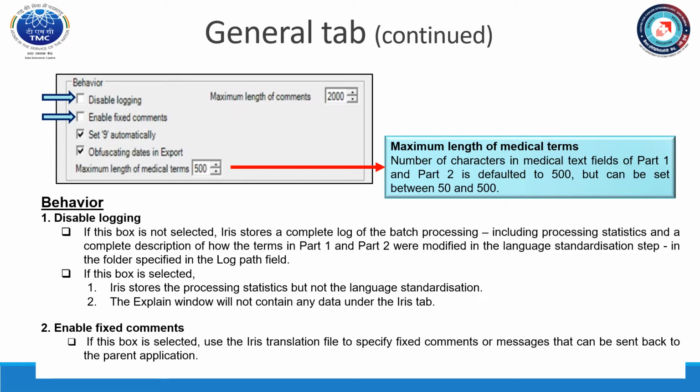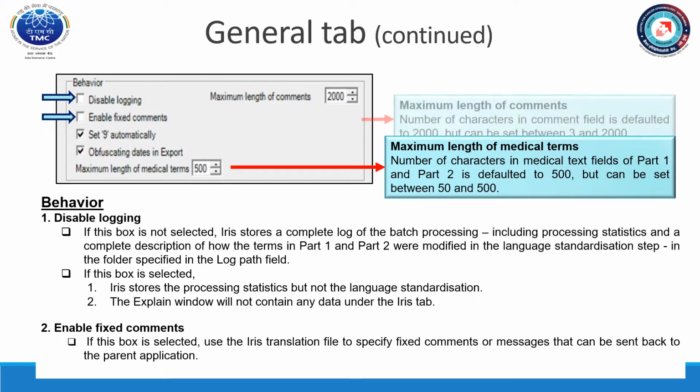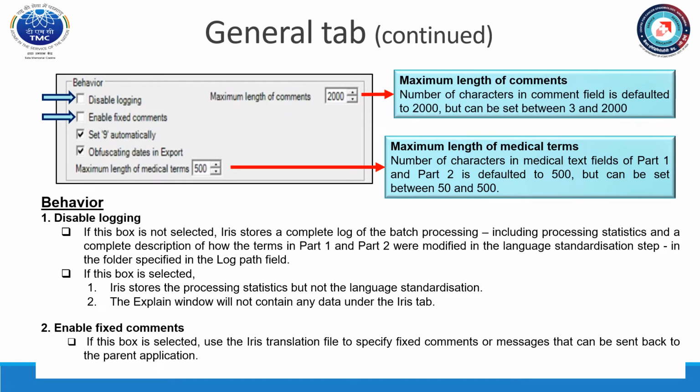The default maximum length of medical term is 500 characters. By selecting maximum length of comments, you can set the number of characters in the comments field between 3 and 2000. The default maximum length of comments is 2000 characters.